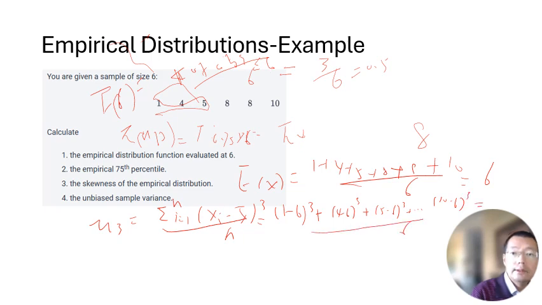And here we can get that mu3 is equal to negative 9. So the skewness, to calculate skewness, we still need to calculate the variance.